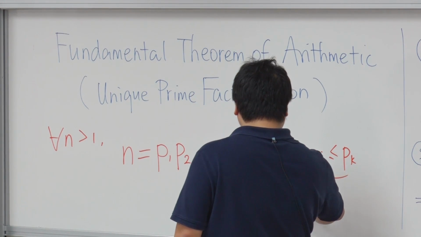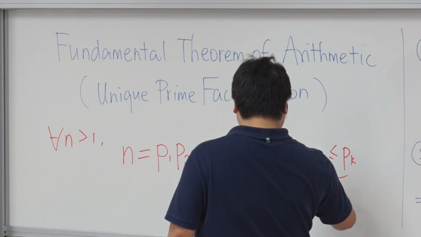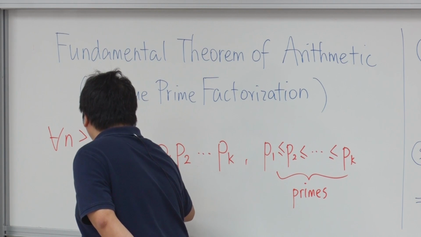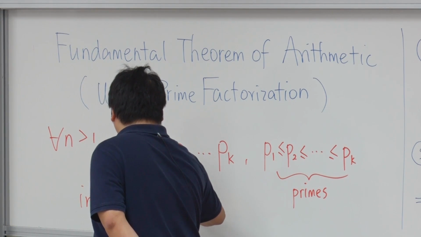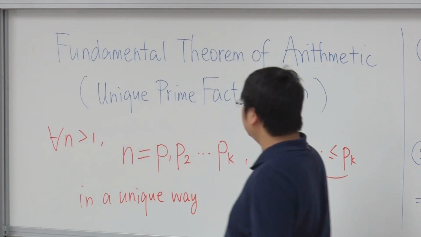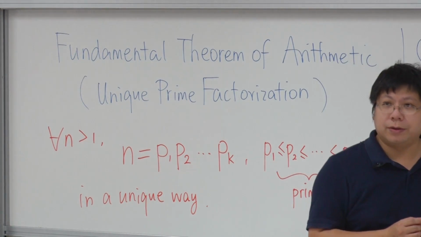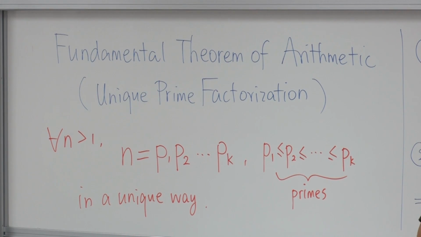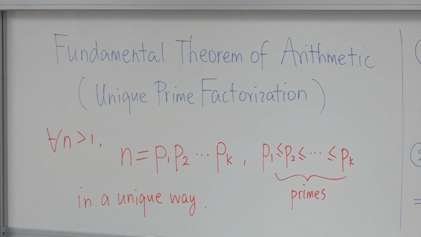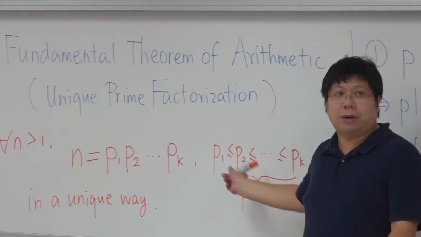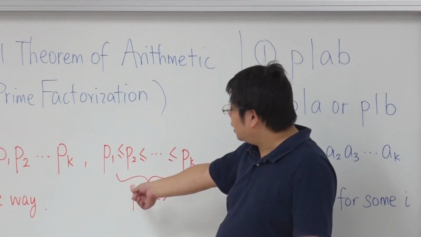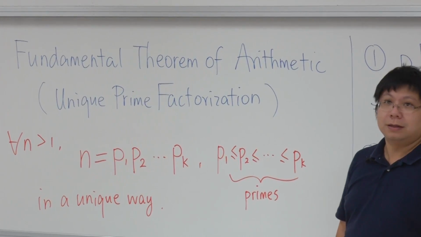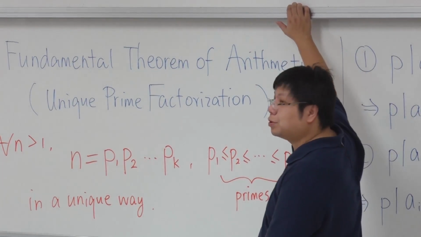These are primes, in a unique way. So this is the fundamental theorem of arithmetic. For every integer n greater than 1, n can be expressed as a product of primes. And if you sort the primes from small to large, this expression is unique. Okay? Okay. And then, yeah, the proof is going to be super simple.